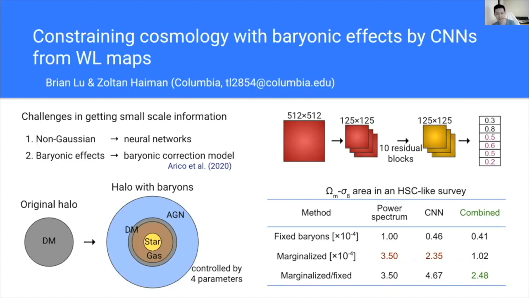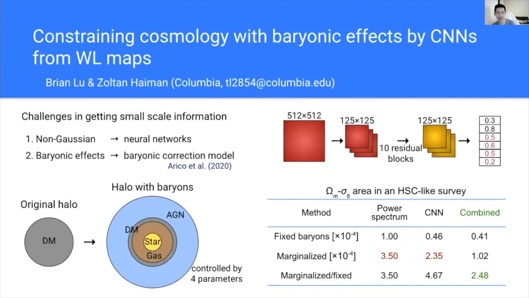So how it works is it takes dark matter halos from N-body simulations and replaces the halo particles by a profile with baryons. So instead of only dark matter, there are 4 components: dark matter and 3 baryons: AGN and feedback, bound gas, and stars.